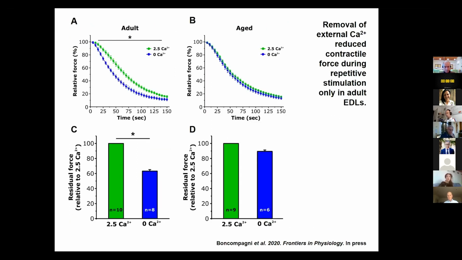And now note how EDL muscle from adult mice does show a decay in contractile force when calcium entry is prevented, this curve here in blue, but a decay that is not present in aged muscles. As you can appreciate also down here, where again in the bars we show the force decrease at the 10th tetanus.